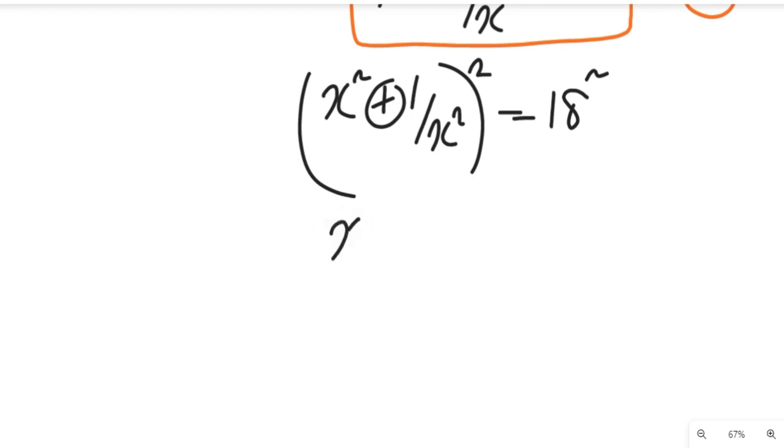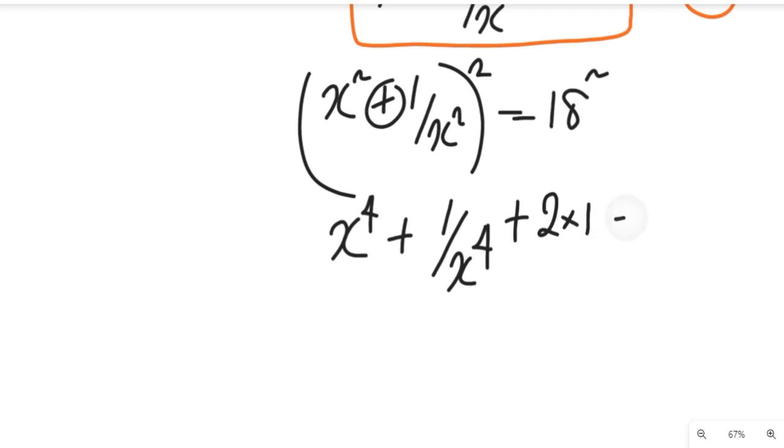So we are going to simplify this. This will give us x to the power of 4 plus 1 divided by x to the power of 4. Instead of becoming minus, it will become plus 2 multiplied by x squared times 1 divided by x squared. This x squared will cancel x squared, and the remainder will be 1. This will be equal to 18 squared.